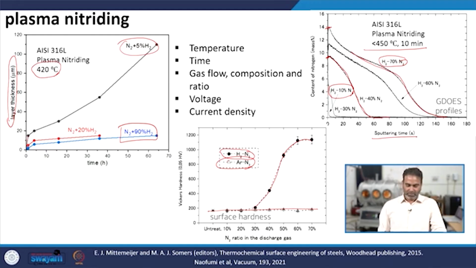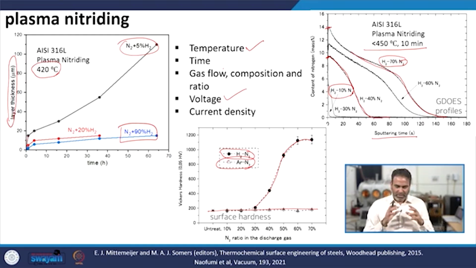So you see, these are all listed here. Important parameters are temperature and nitriding time, and the gas flow rates, composition and pressure. The voltage means the plasma characteristics. You are feeding in the gas, but out of these gas molecules, what fraction is ionized and what fraction is neutral?